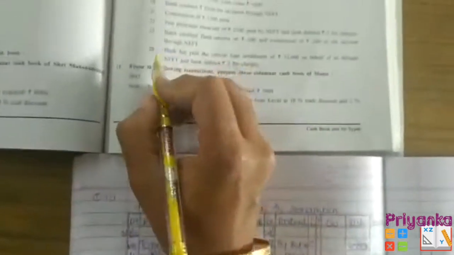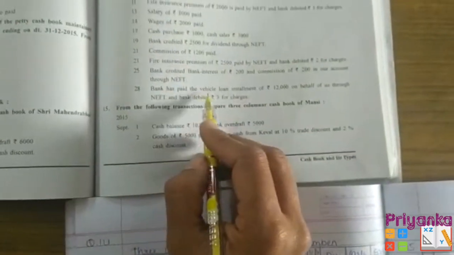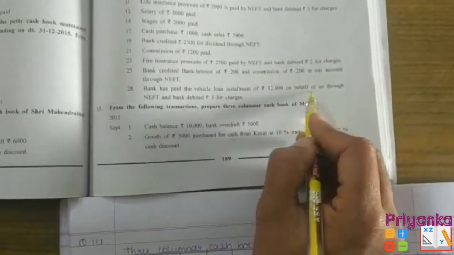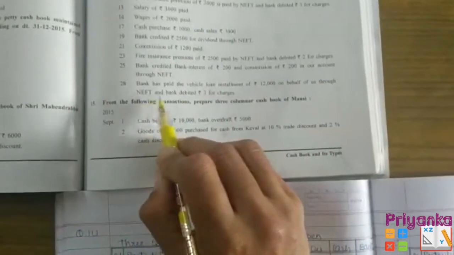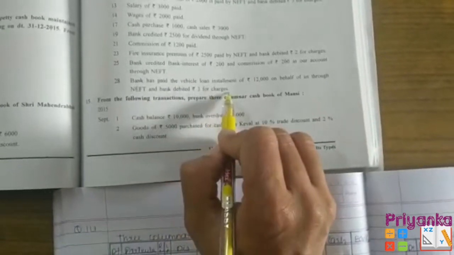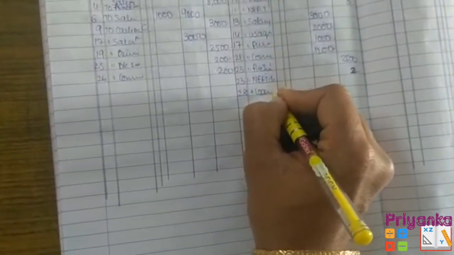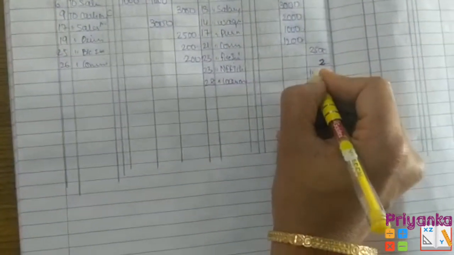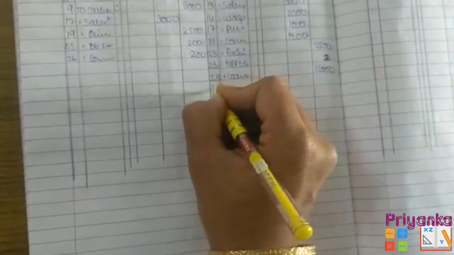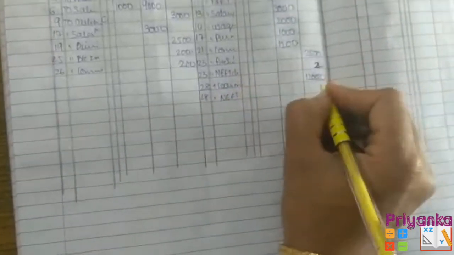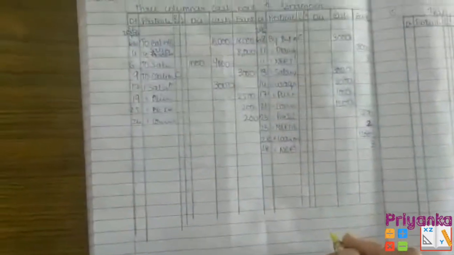Okay. 28th, bank has paid the vehicle loan installment of rupees 12,000 on our behalf through NEFT and bank debited 3 for the charges. So paid, money is going out. Write down 28 and show it as paid for the loan amount 12,000, and the other one for the NEFT charges, that is 3. So here we finish.